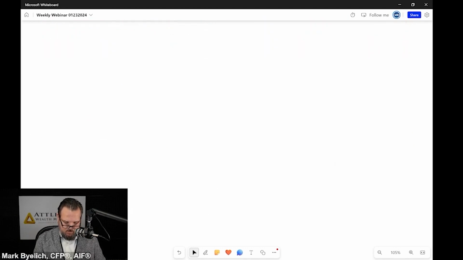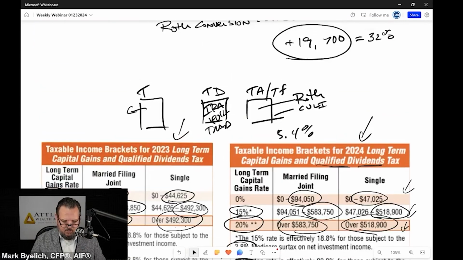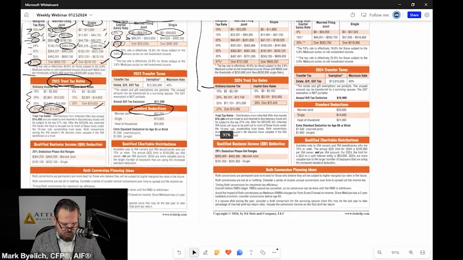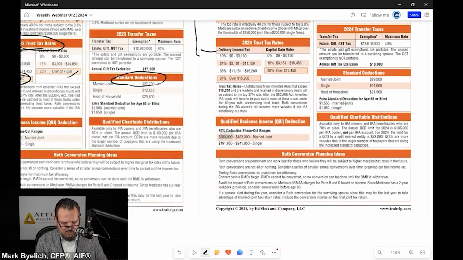Oh, did I include? The standard deduction also went up. Let me grab that before we talk about this next thing. The standard deduction went from $27,700 to $29,200 right here. That's an increase of $1,500 for married couples and $750 for single filers.